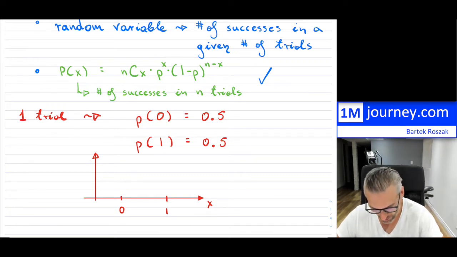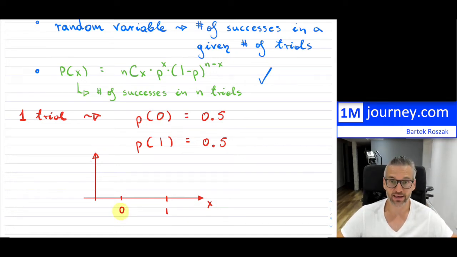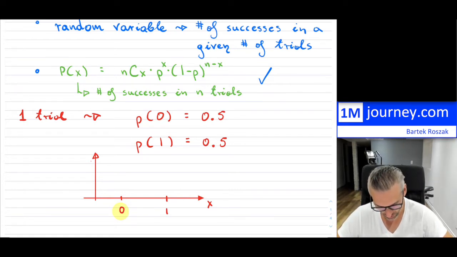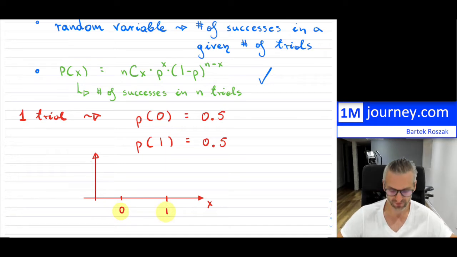A random variable just means, if I have 0, that just means I didn't see a heads, so that wasn't a successful trial for me. And if I do see a heads, so if I've only done one trial, it can be either no successes or one success.